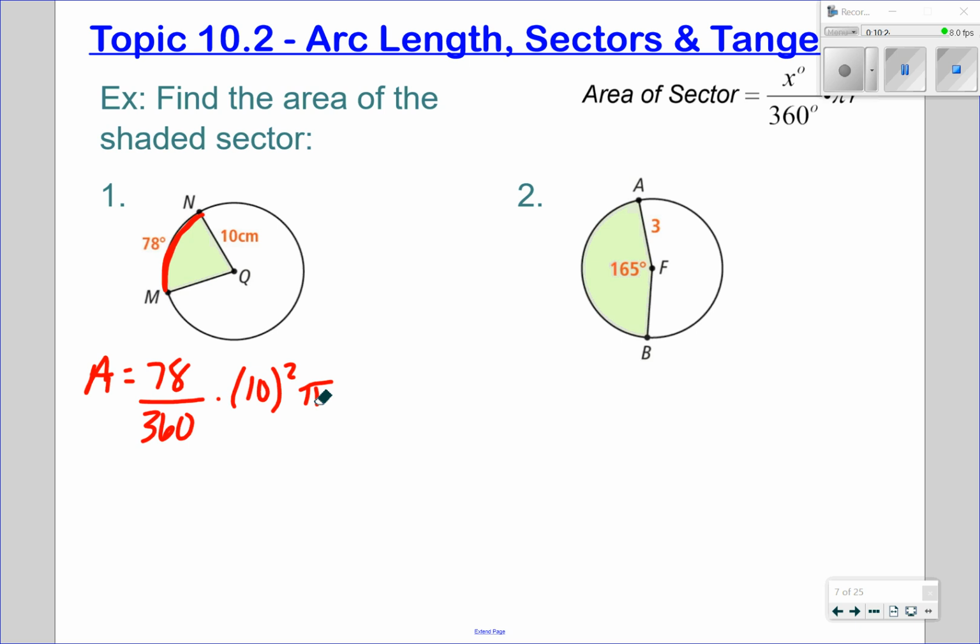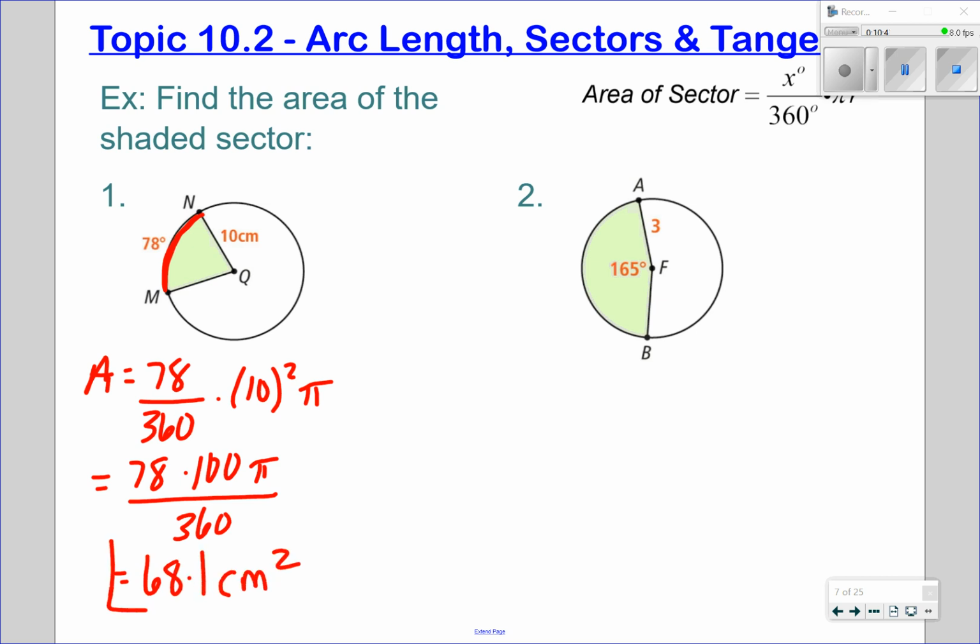So in this case, we would end up with 78 times 100 pi all over 360. You can go ahead and try to reduce this and put it in terms of pi if you want to. It's just a really large number. You get 65 pi over 3, or 68.1. And this time we have our unit, so it would be square centimeters for our answer.